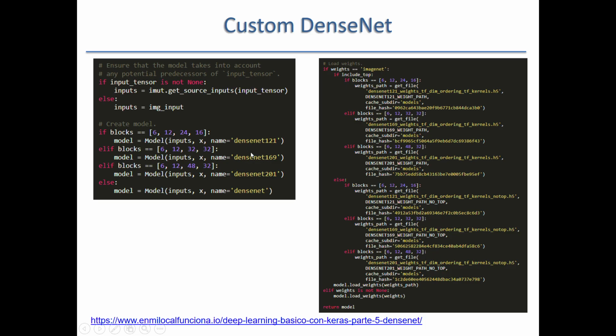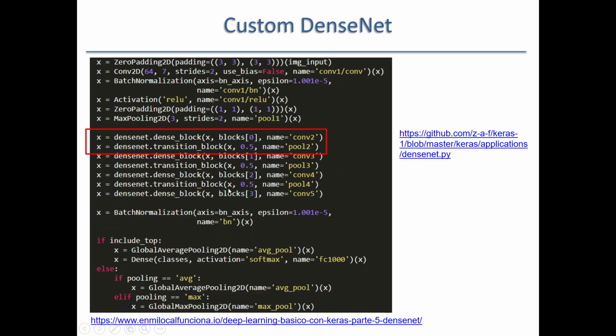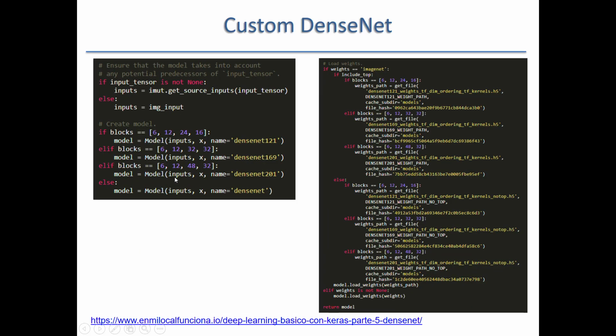And then you can, for instance, also use a previously trained DenseNet. So these are the DenseNet layers with the weights that you put, and then depending on the configuration of the blocks, you take a more complex or a less complex trained DenseNet network.